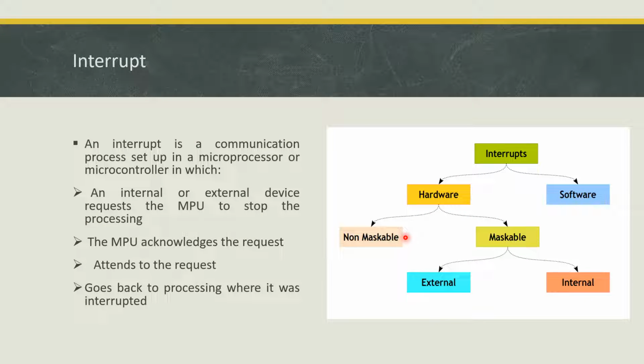Interrupt. An interrupt is a communication process set up in a microprocessor or microcontroller in which an external or internal device requests the MPU to stop processing. The MPU acknowledges the request, attends to the request, and goes back to processing where it was interrupted.